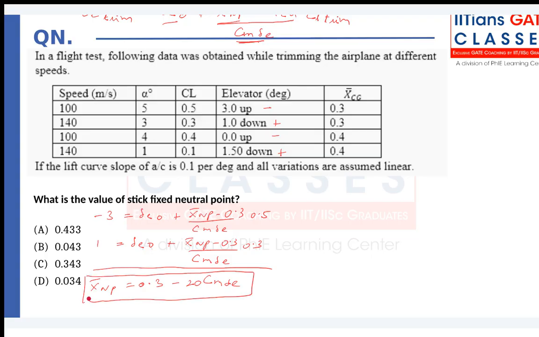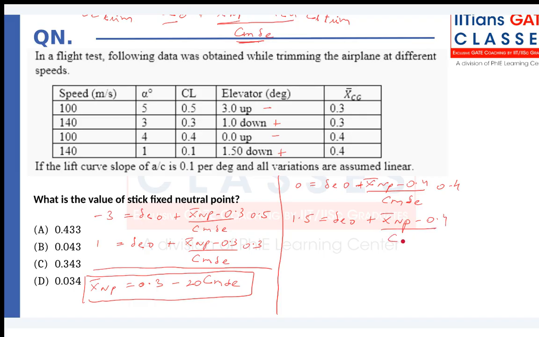Next, I apply the same method to the second set of points. You get 0 equals delta E naught plus x bar np minus 0.4 by cm delta E into 0.4, and 1.5 equals delta E naught plus x bar np minus 0.4 by cm delta E into 0.1.